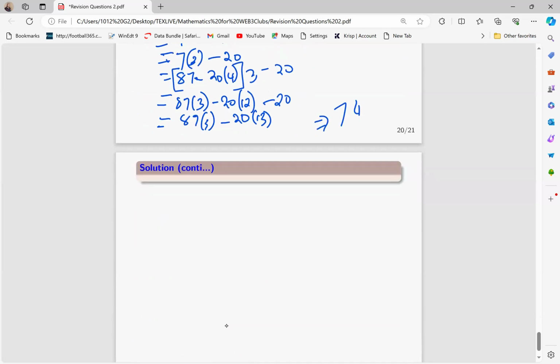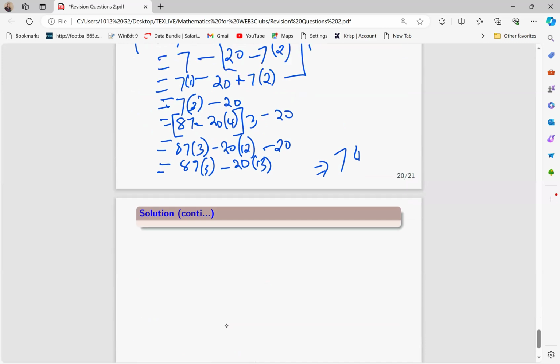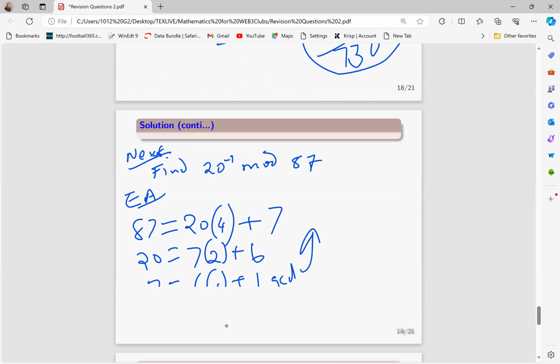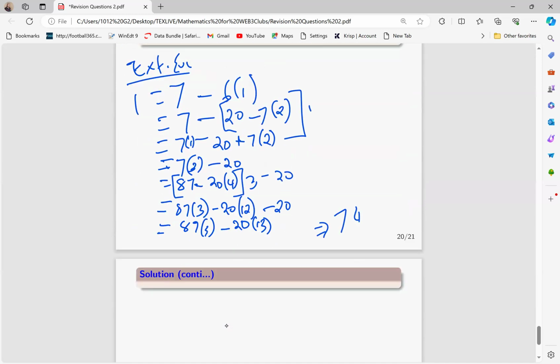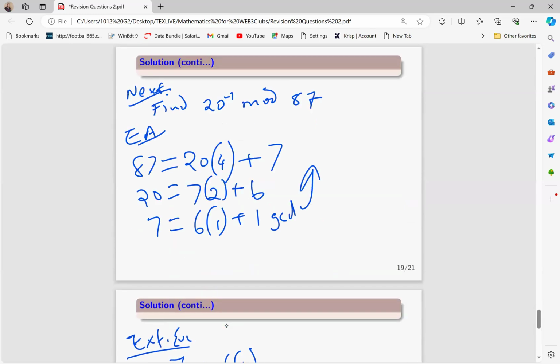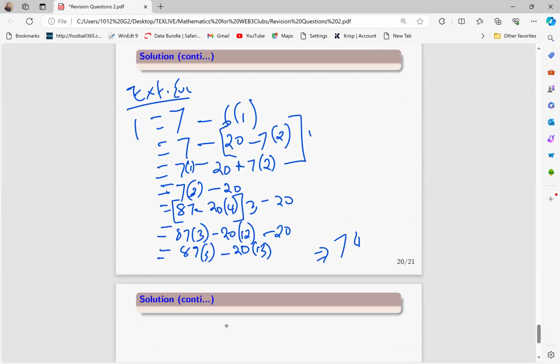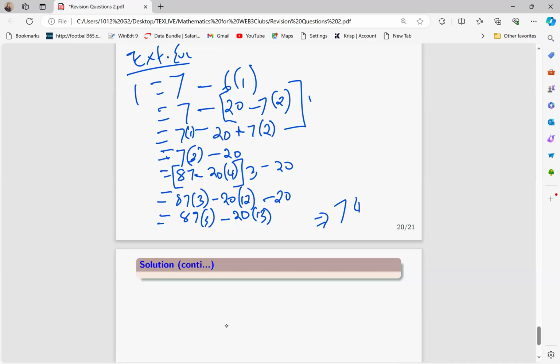Then mod 87, it's supposed to be 74. Yeah, 74. 74 times 20 is 1480. Mod 87. What's the remainder? What is the inverse?